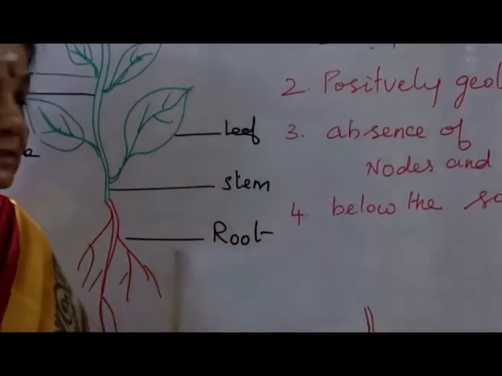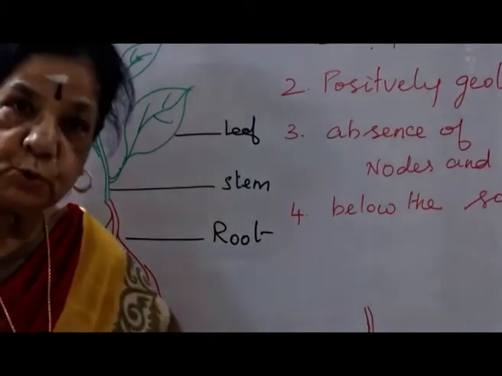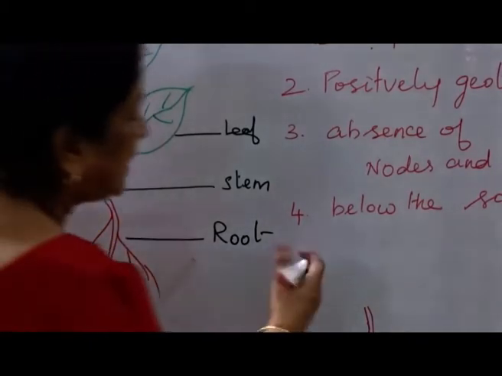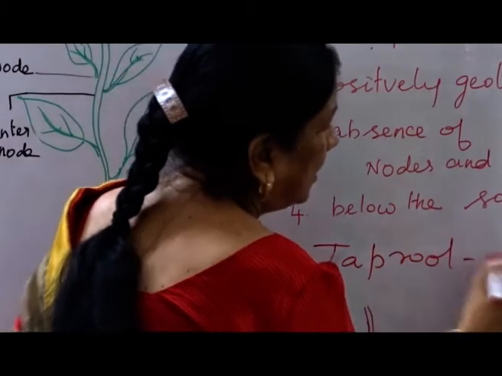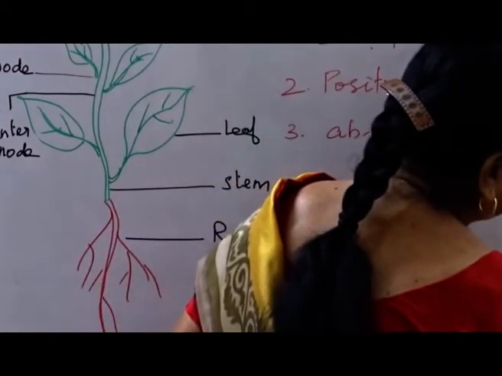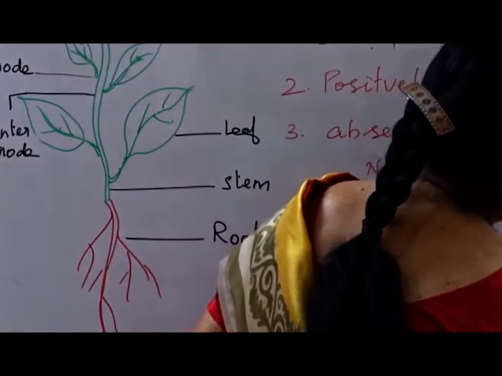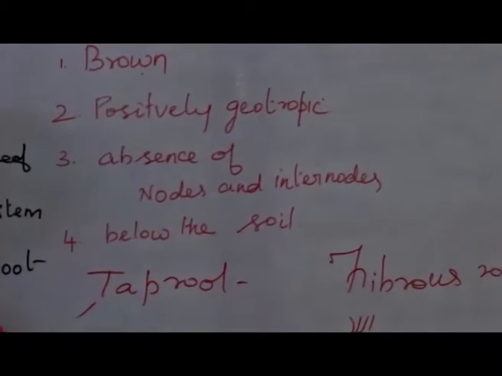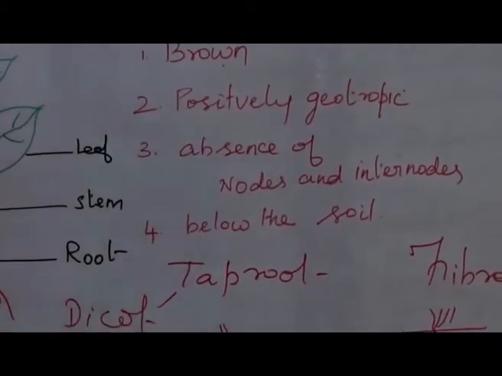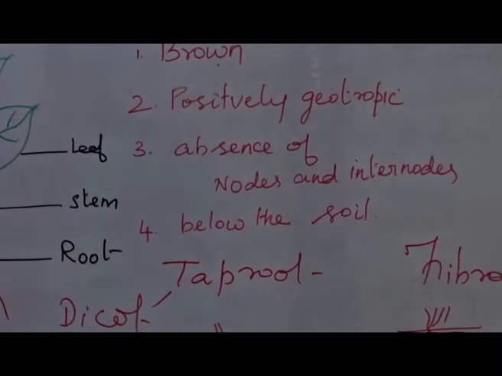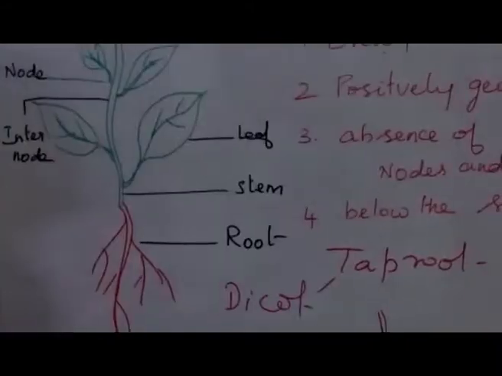Now this root system is of two types. One is taproot system. Another one is fibrous root system. Now this taproot system is characteristic of the dicot plant. Dicot plant means seeds which have two cotyledons.